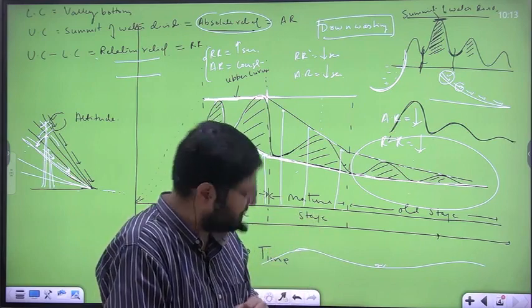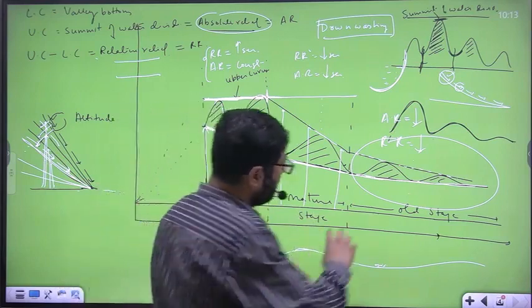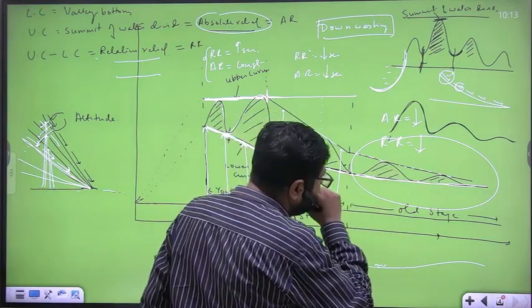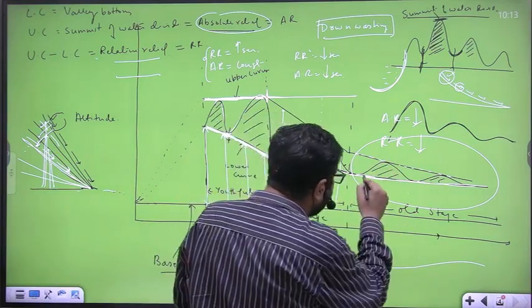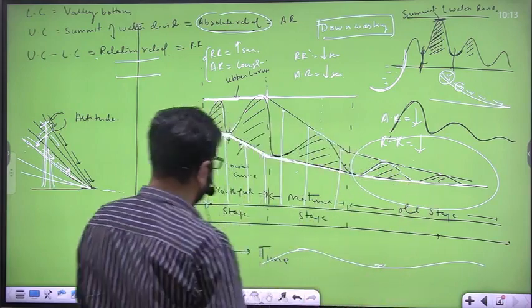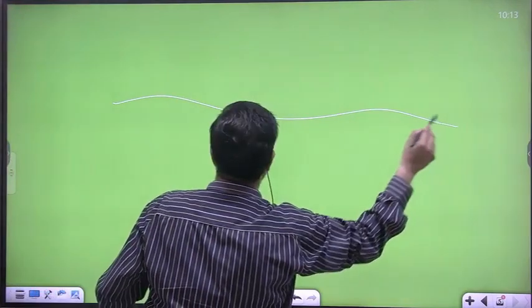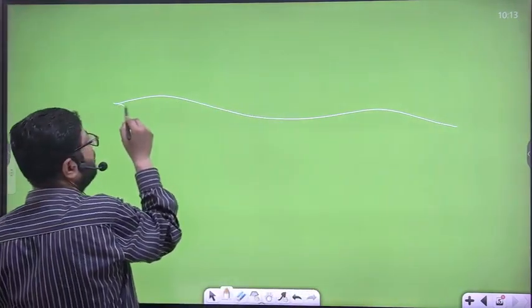अब इसको डिटेल में समझा रहा हूँ बिकॉज अंडरस्टैंडिंग इज वेरी गुड आगे भी. Now in this stage what happens, these are the water divides. Valleys are very broad. ऐसा है. Scenario is somewhat like this. मतलब water divides are reduced in dimension.